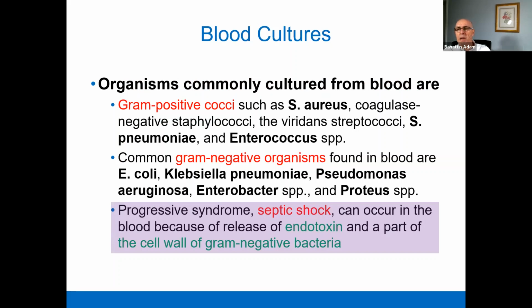The most common microorganisms that we see in blood culture, as you see here, are gram-positive cocci such as Staphylococcus aureus, coagulase-negative staphylococci, the viridans streptococci, Streptococcus pneumoniae, or Enterococcus.